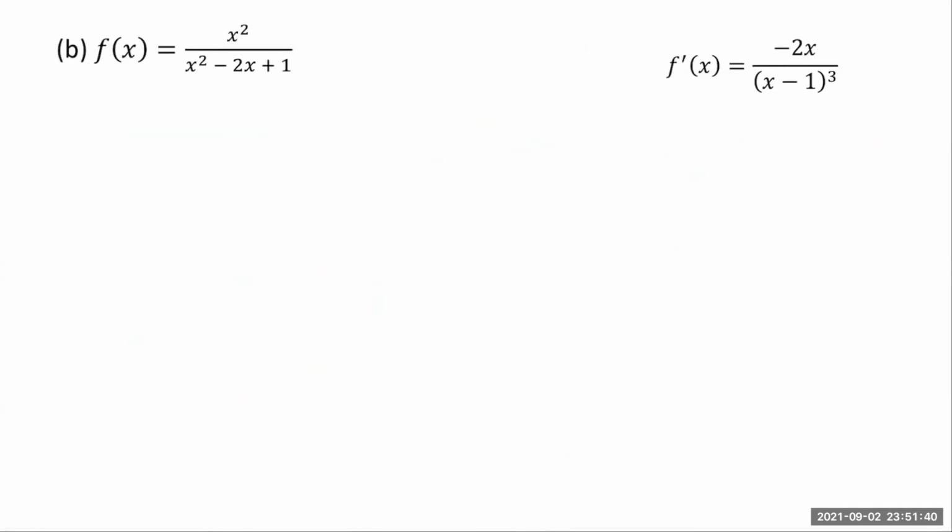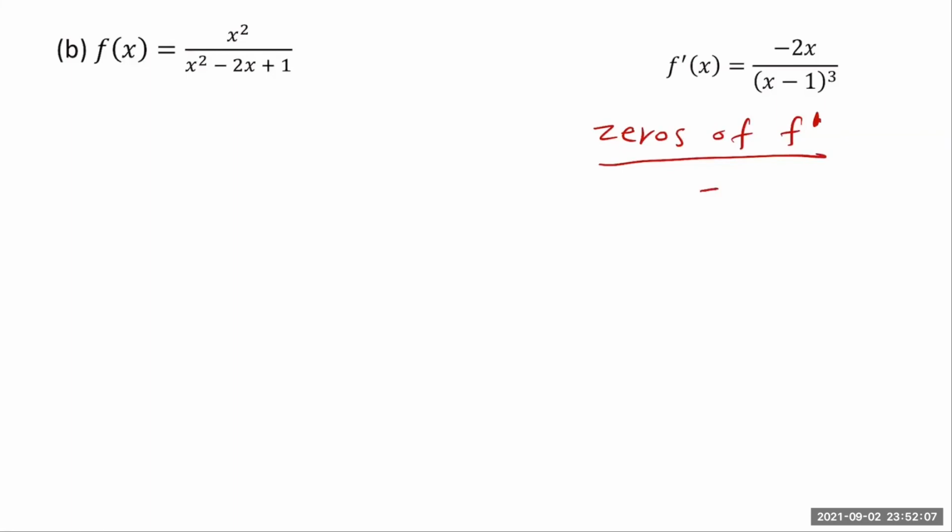First thing I'm going to do is calculate my derivative, f prime of x. For this function, if you calculate the derivative, you can see that it is going to be this particular function. Now I want to construct a sign chart for the derivative function. So first I'm going to find the zeros of f prime.